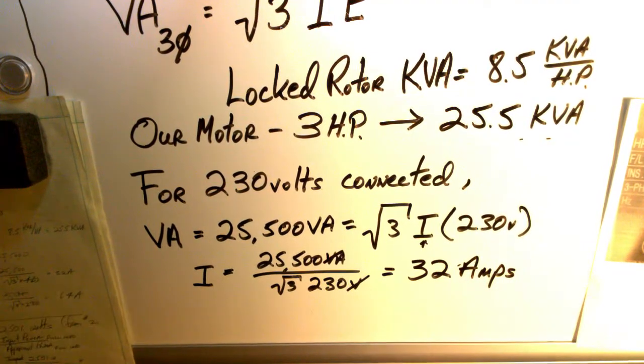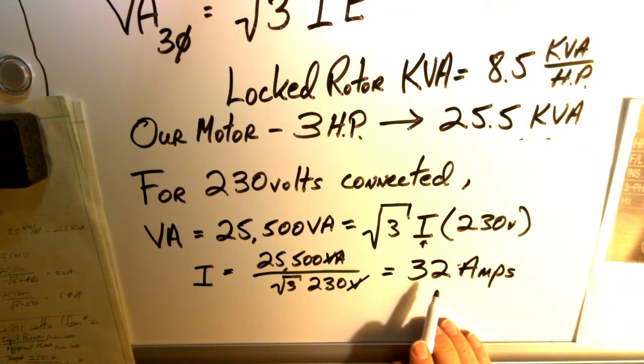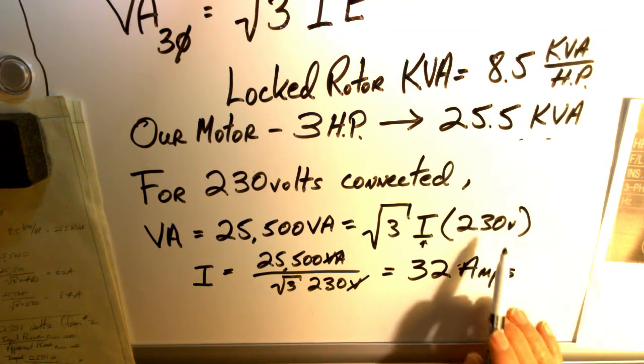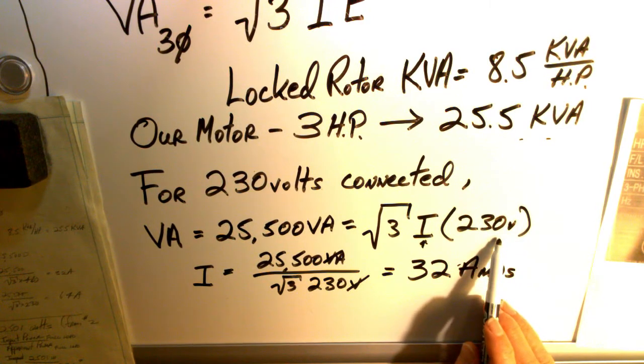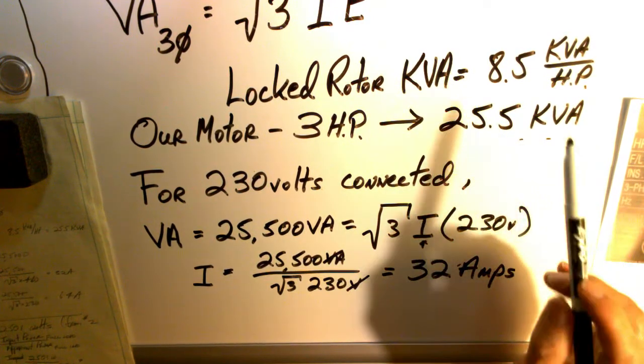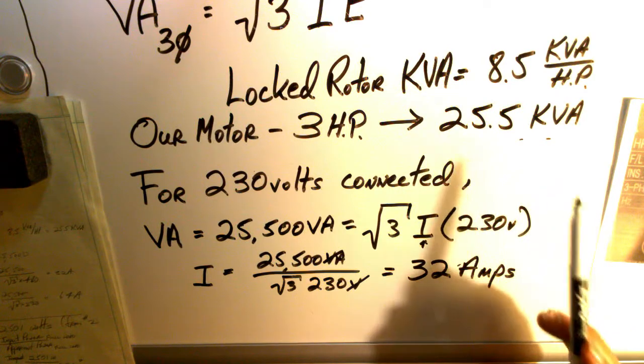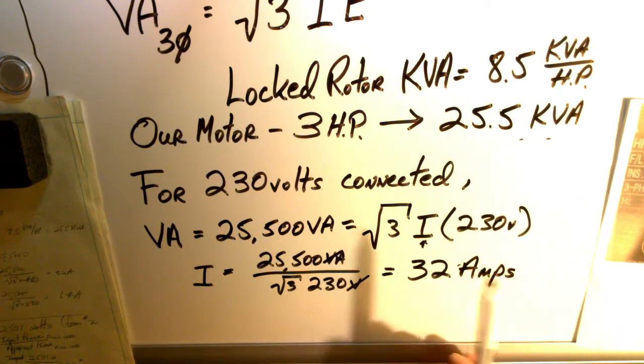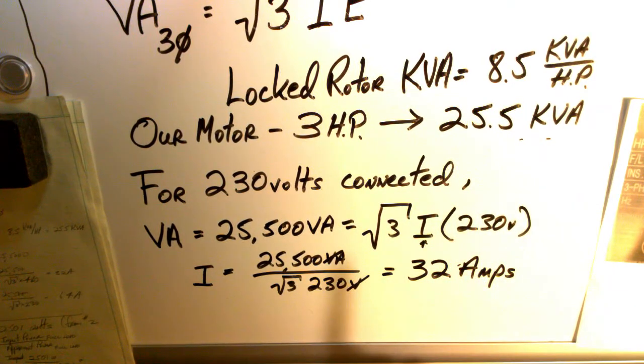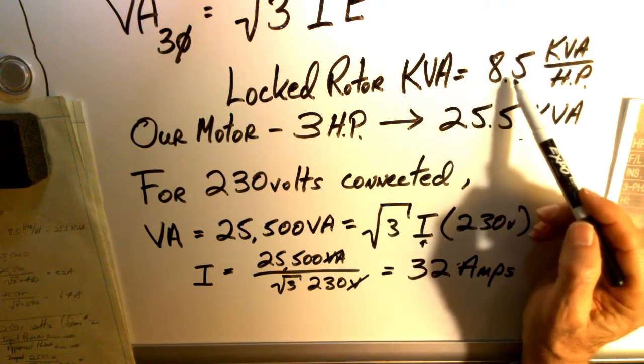So if my motor, the one we've been talking about, encounters a locked rotor condition, and it is connected for 230 volts, it has this locked rotor code K, and we talked about the range of it, and we decided we would use 8.5 kVA per horsepower.